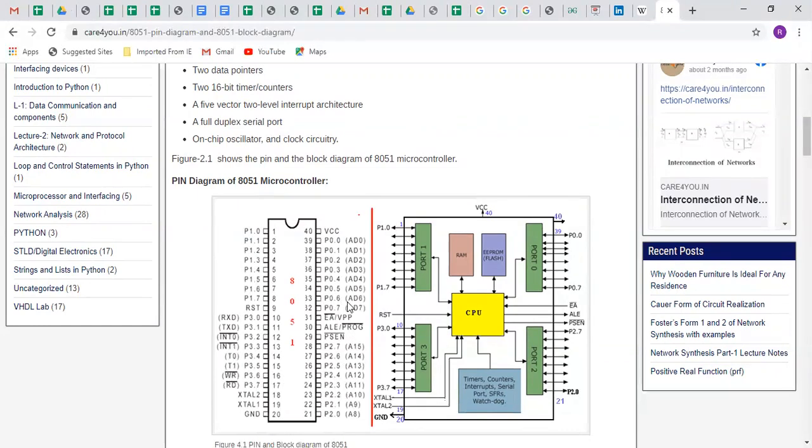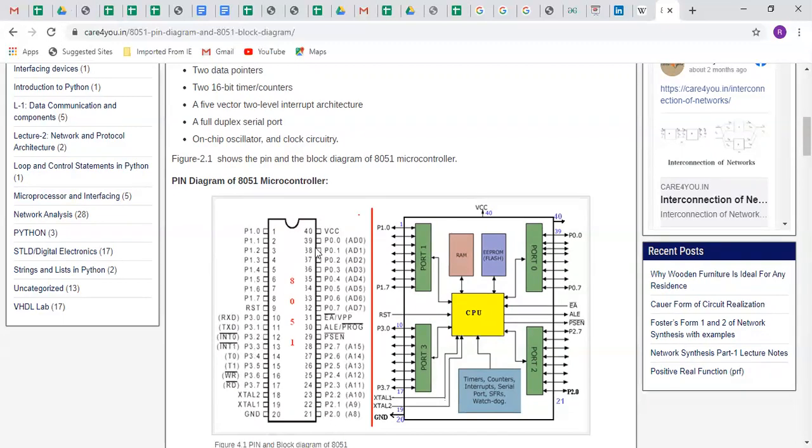And these additional functions are: port 0 and port 2 are also used to carry the address of the memory, whereas port 3 has additional functions like RxD, TxD lines, INT 0, INT 1, timers T0, T1, write and read bar, on the same pins which are used for IO.